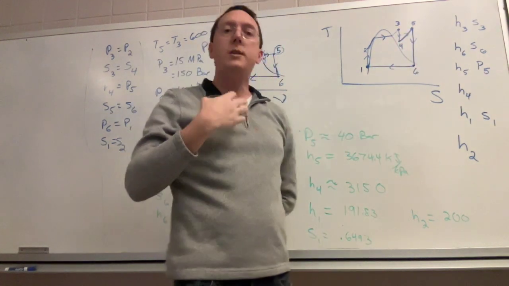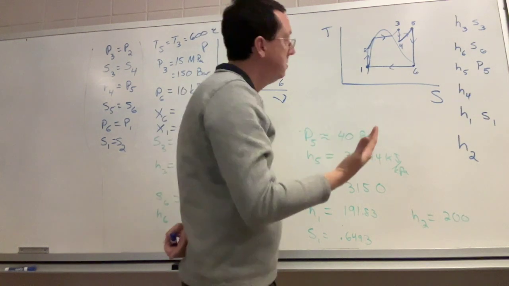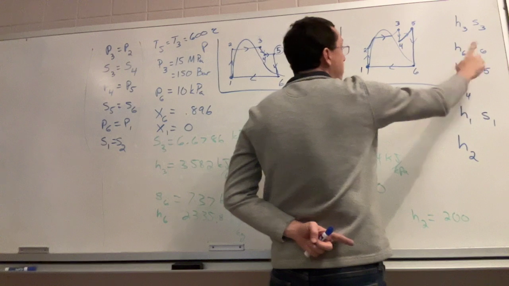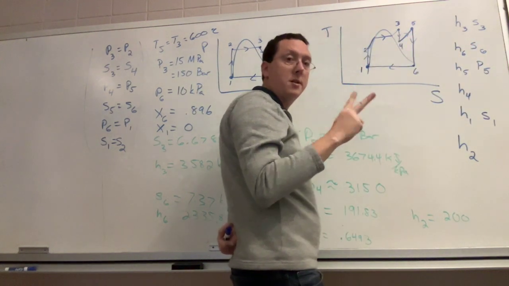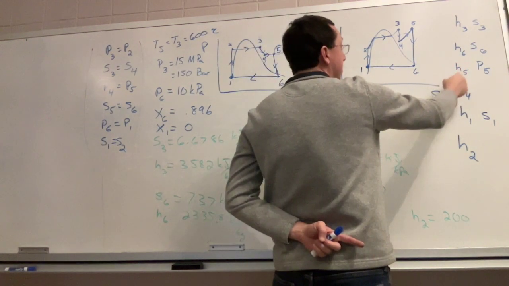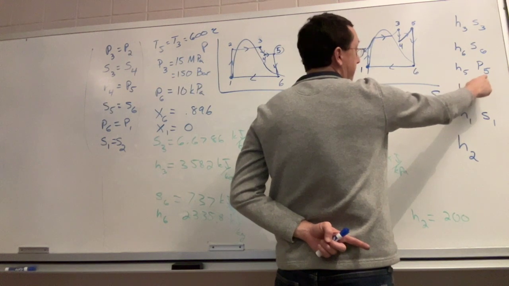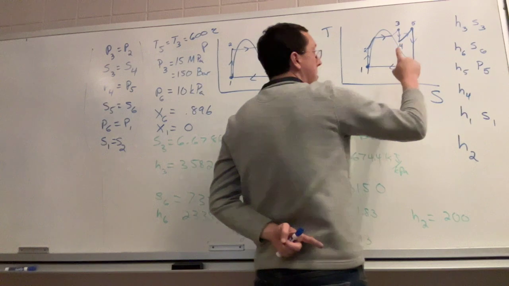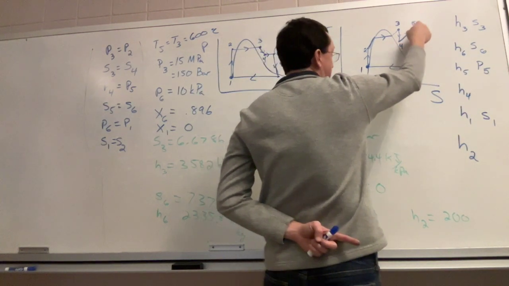And we already knew the temperature at 5 was 600 degrees Celsius. So if you know the entropy at 5 and the temperature at 5, that's two numbers. You can use those to find the enthalpy at 5 and also the pressure at 5. So the logic is you find the entropy at 6, which gives you the entropy at 5.